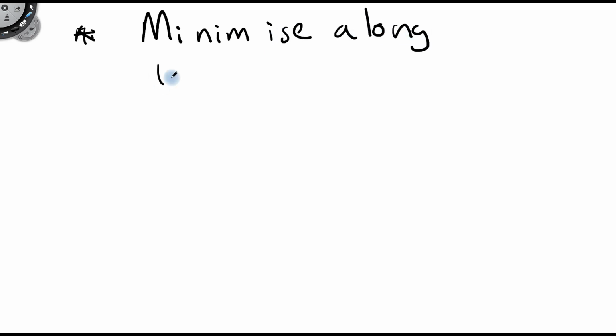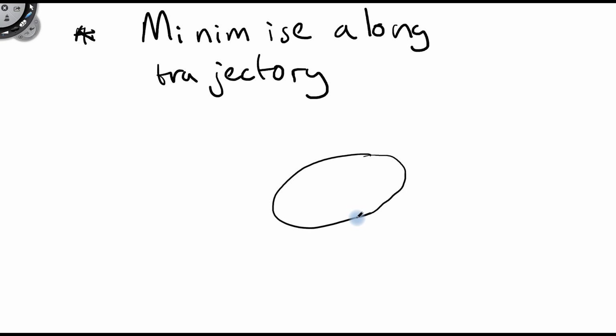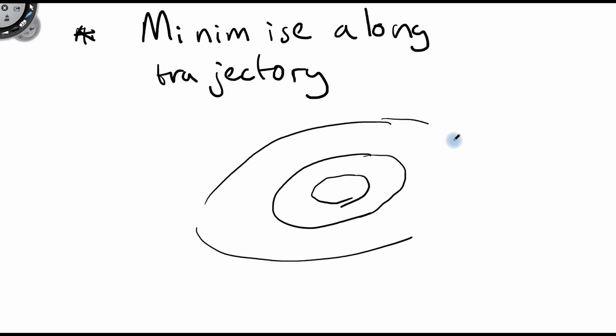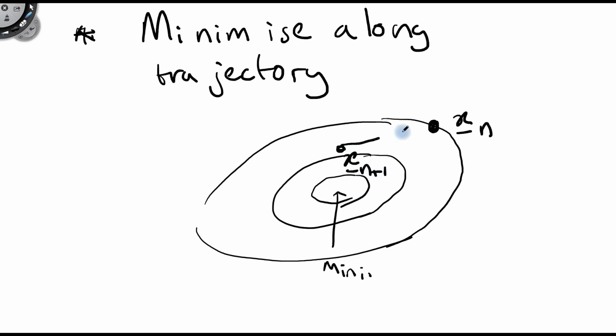which is to minimize along the trajectory. This is very common in optimization. Let me draw some contours of the function, and the minimum is going to be there. Say xn starts there, and we've got xn plus 1 here, and we haven't determined the length.